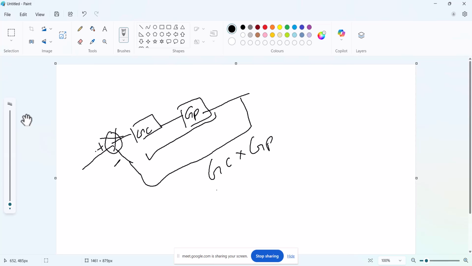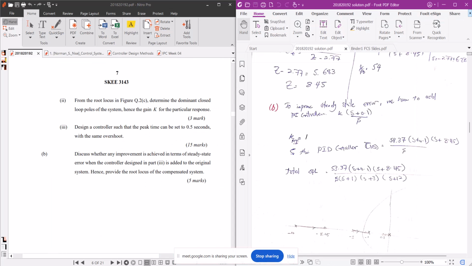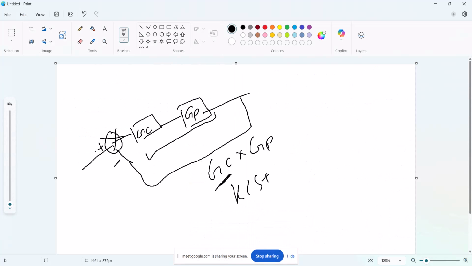So GC, this we designed earlier, K into s plus the term here. What was that? It was 8.45, right? And then we added another controller, the PI controller, s plus 0.1 over s.